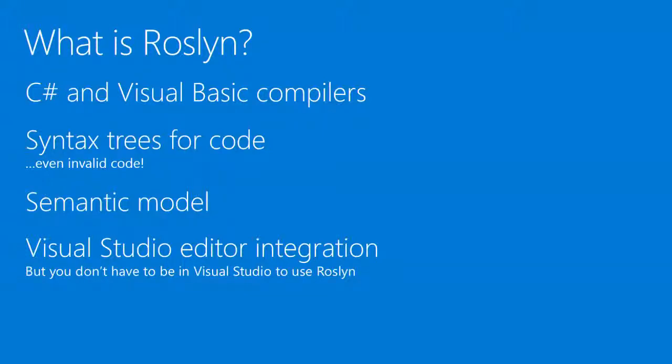Roslyn has to go one better than that, though. Because Roslyn lives in the Visual Studio environment, because it powers a lot of Visual Studio features like IntelliSense and code completion, formatting, things like that, Roslyn has to deal with broken code a lot. Because most of the time when you're editing, your code is broken or invalid.